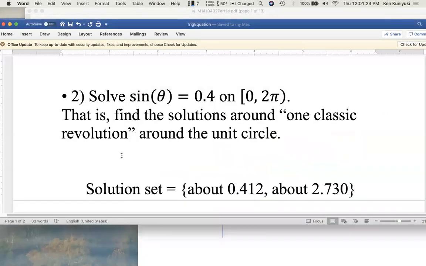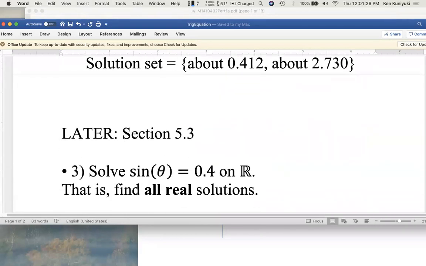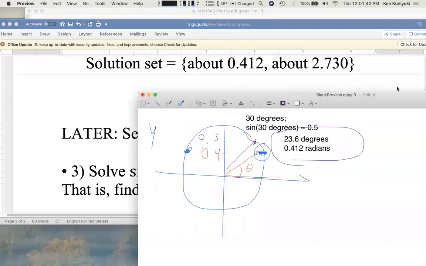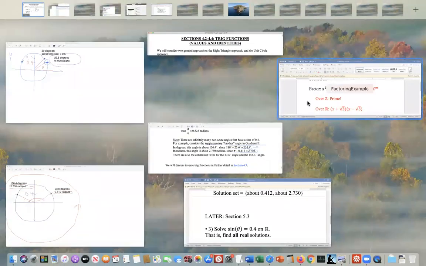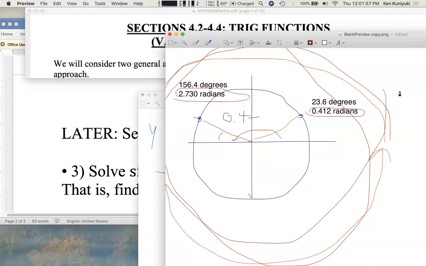Now here's a preview of chapter 5, namely section 5.3. Solve sine of theta equals 0.4 on R, the set of all real numbers. Let's find all real solutions. That's going to be a chapter 5 problem. So what do we pick up? Well, as we go around the world, we pick up our 2 solutions from before, but we're allowed to go around and around, both counterclockwise and clockwise.